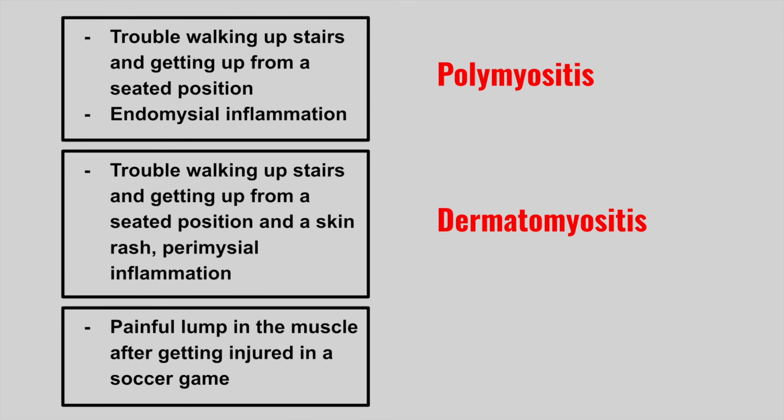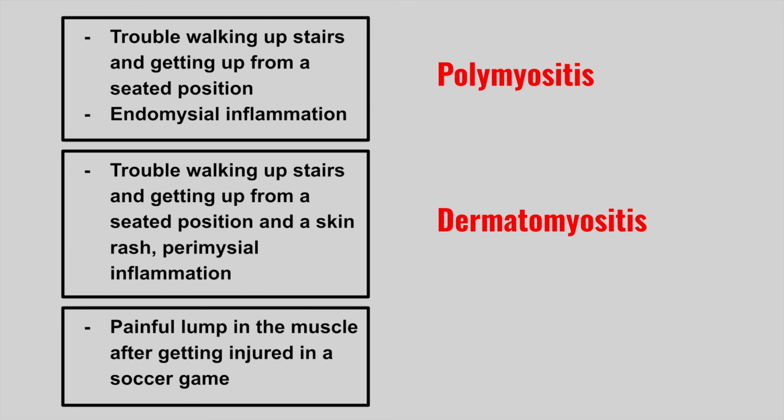The difference here is that polymyositis just affects the proximal muscles versus dermatomyositis affects the proximal muscles as well as the skin. And in polymyositis, you have inflammation with CD8 T cells versus dermatomyositis, you have inflammation with the CD4 T cells. So look out for those key features that differentiate them.